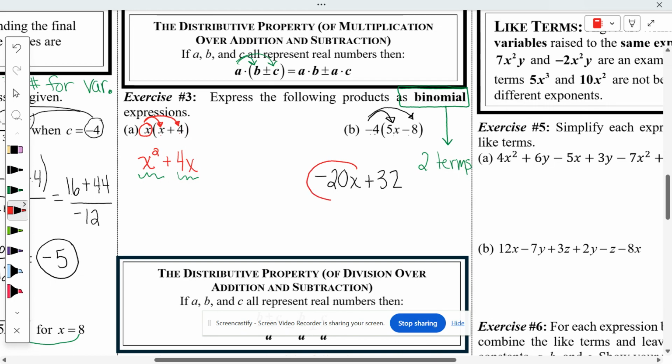The first term is negative 20x. The second term is positive 32. I want to do one better and tell you that this number that is attached to the variable is called a coefficient. So my coefficient is negative 20, and this has 2 terms.